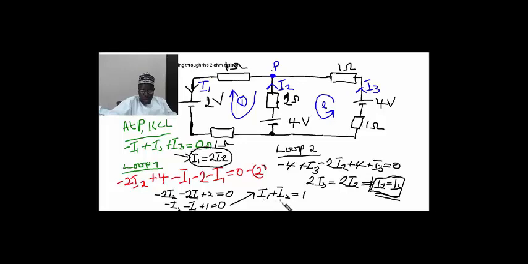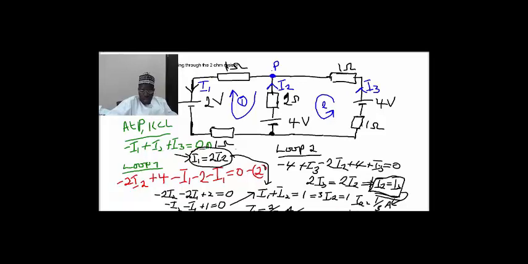But I1 equals 2I2 from the first equation, so we insert this value here, and this will give us 3I2 equals 1. So I2 is equal to 1/3 ampere. From this equation, I3 is also 1/3 ampere. And using this equation, I1 is equal to 2/3 ampere. So these are our currents.